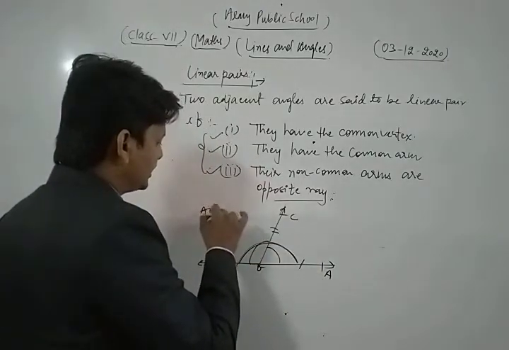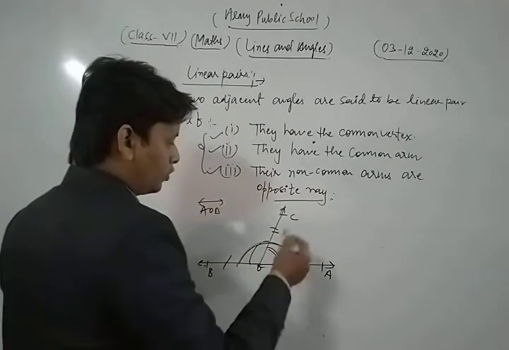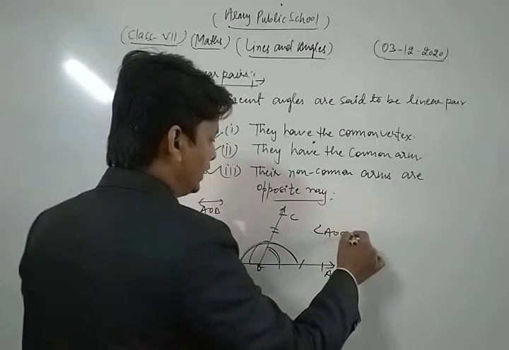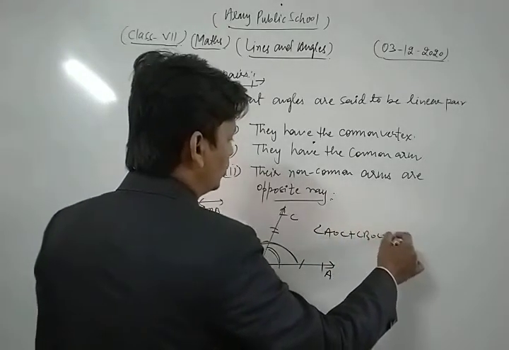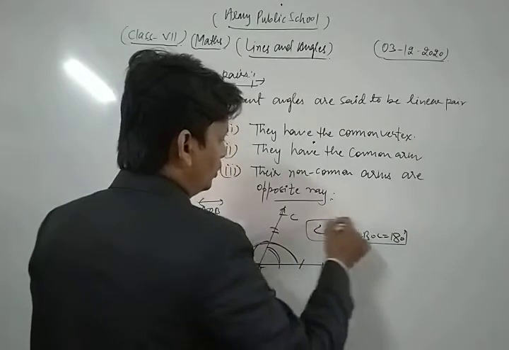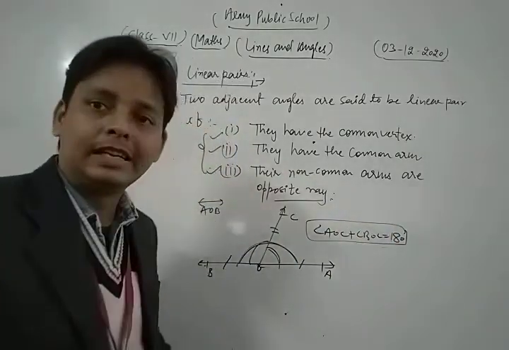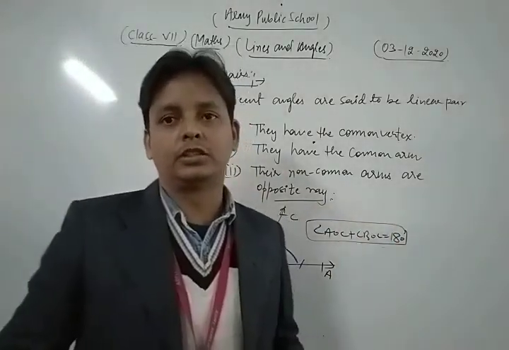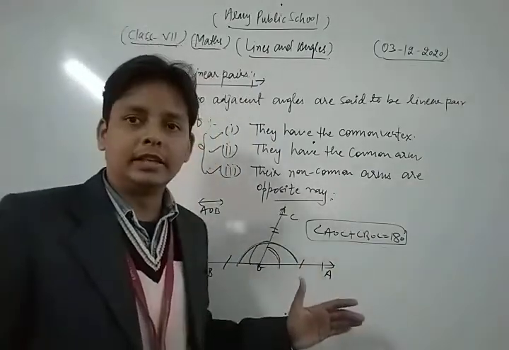Here AOB is a straight line. For a linear pair, the sum of angle AOC plus angle BOC is equal to 180. So the adjacent angles of a linear pair are supplementary to each other. So this is the concept of linear pair.